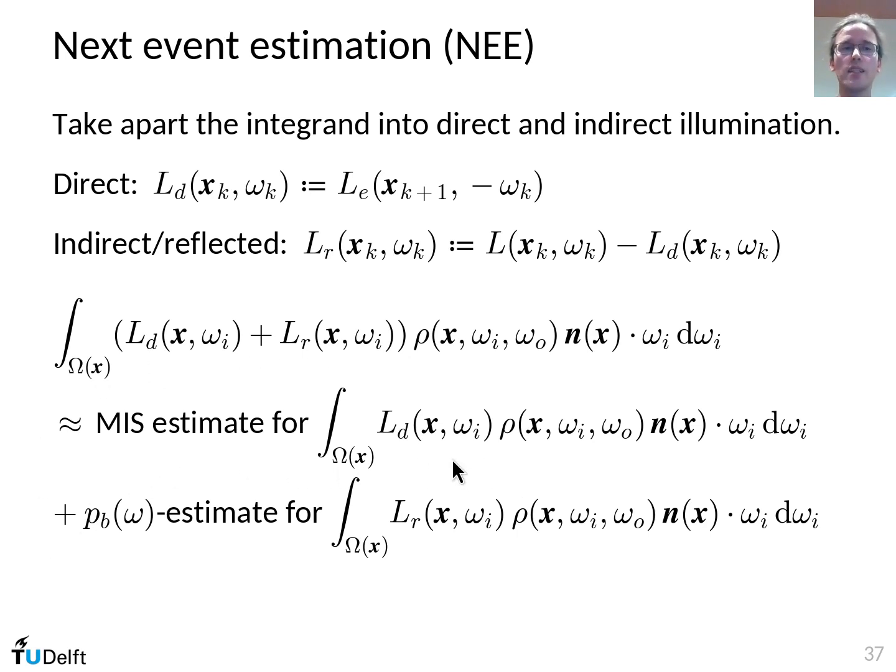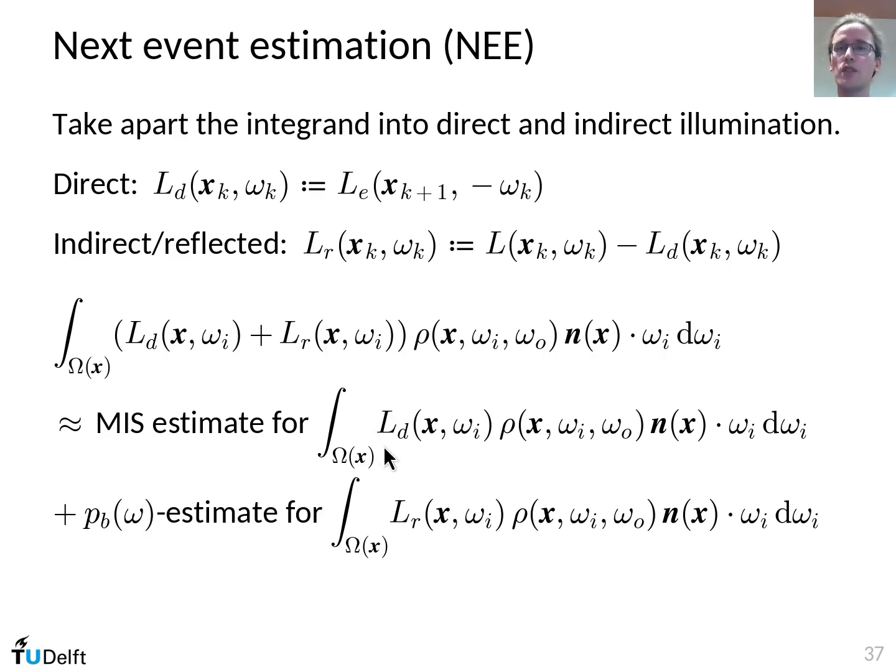For the direct radiance, we use an MIS estimate that combines BRDF sampling and light sampling. And then, since the light sampling is only in this estimate, this means that we do not need the entire incoming radiance here, we only need the direct radiance.